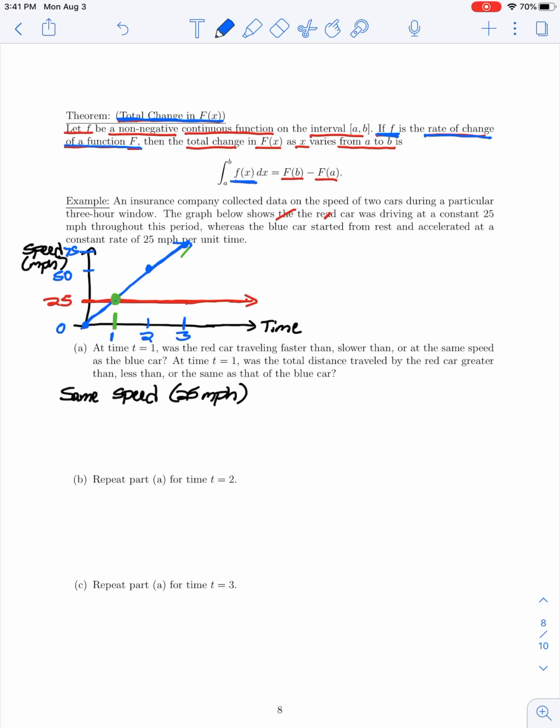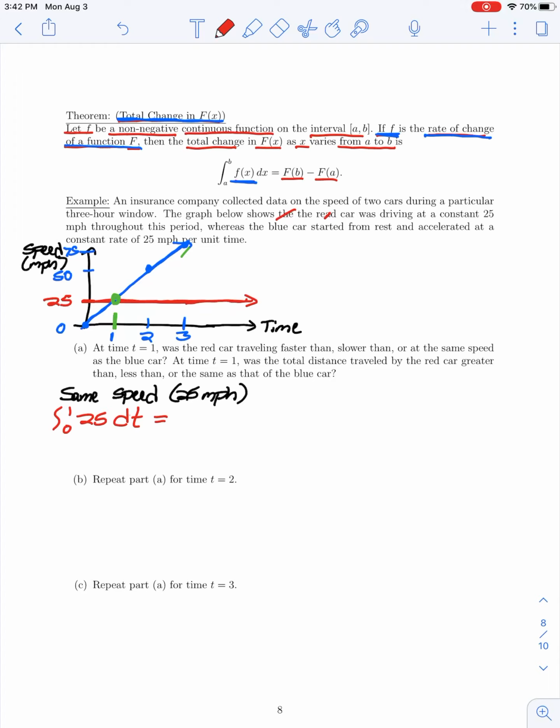So if we're interested in the first 1 second, we would be integrating that function over the interval from 0 to 1. So in summary, the total distance traveled by the red car would be the integral from 0 to 1 of our velocity function, or speed function, which we were told here is a constant 25, with respect to, here we're actually using time, not x, so we might use t as our variable.